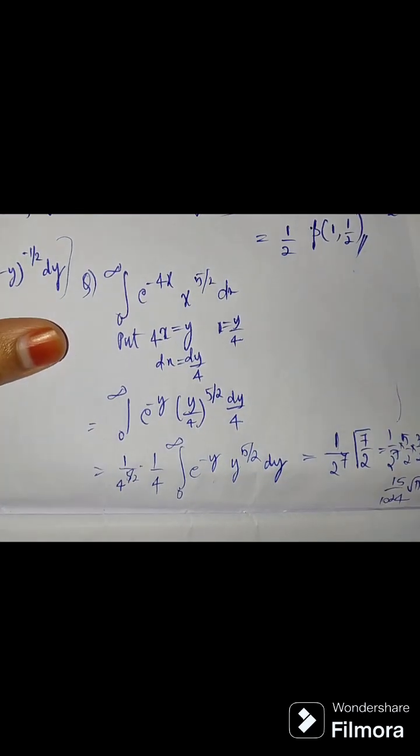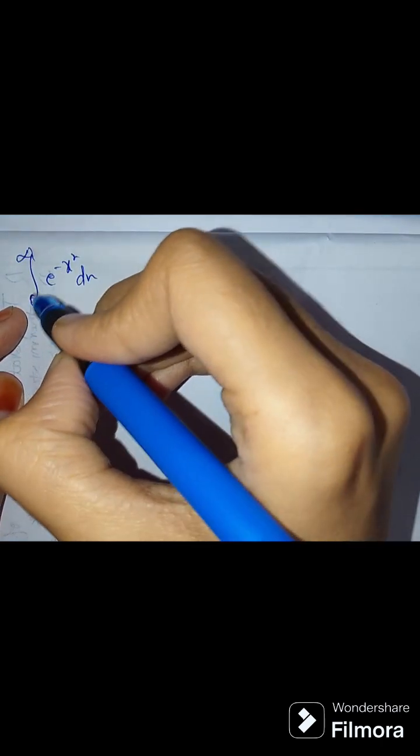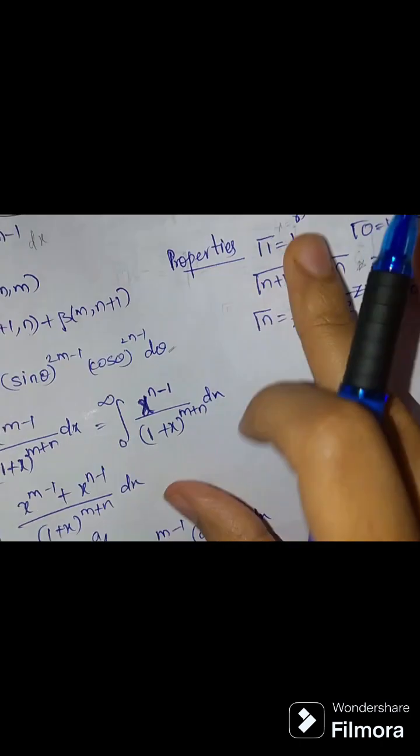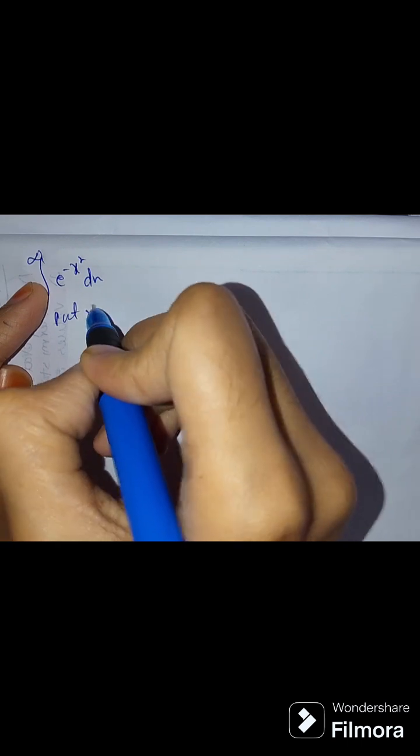Next we'll see another question. So this is 0 to infinity e power minus x square dx. As soon as I see limits, I can understand it is a gamma function. What I have in my formula is e power minus x, and here I have x square. So I'll put x square as some y.